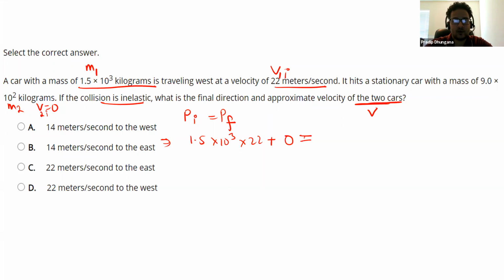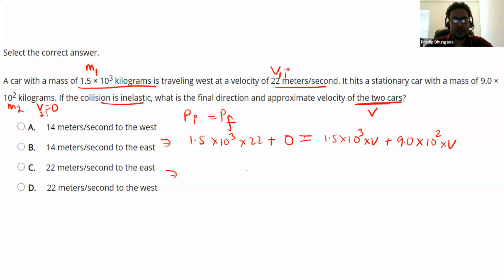Both of the cars move with the same velocity v. Mass m1, 1.5 times 10 to the power 3, times velocity v, plus the mass of the stationary car, 9.0 times 10 to the power 2, but after the collision both of the cars move with velocity v, so multiply by v. Okay, now let's calculate that value.